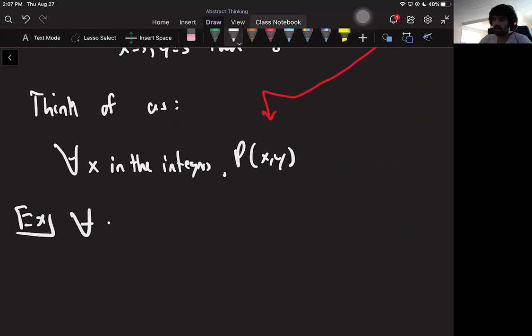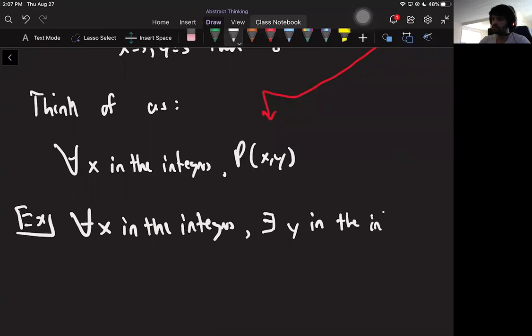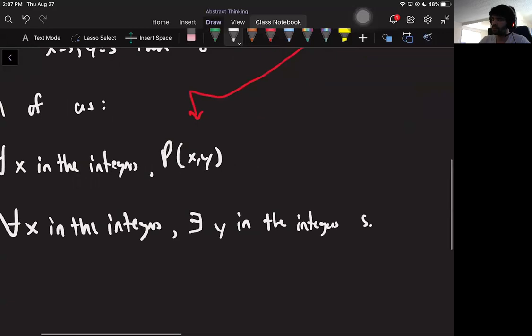So now let's think about mixing up some quantifiers that are different. So for any x in the integers, there exists a y in the integers. So remember, there exists always comes with a such that.